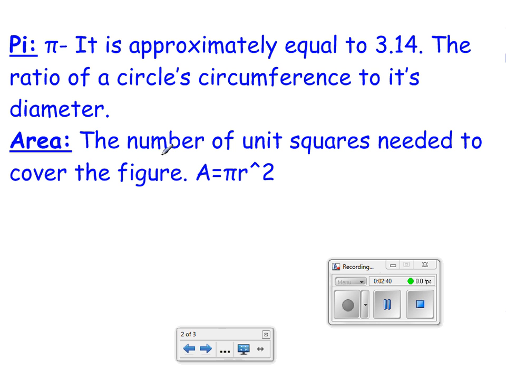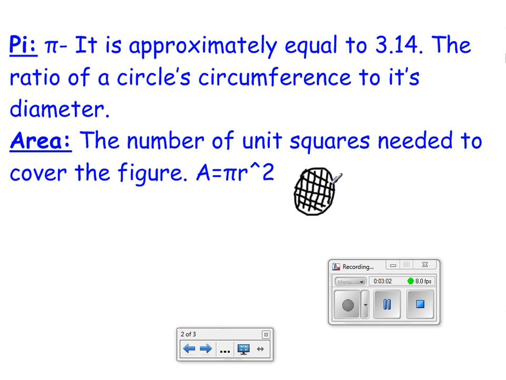Area is the number of unit squares needed to cover the figure. So if you look at a circle, it has whatever units you're dealing with, how many of those unit squares would be inside your circle?